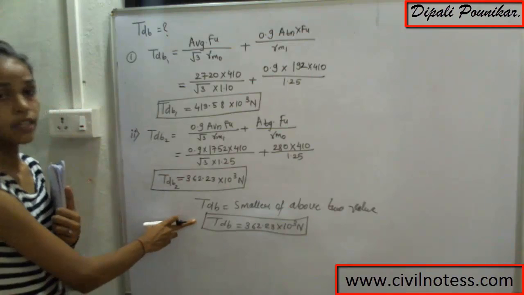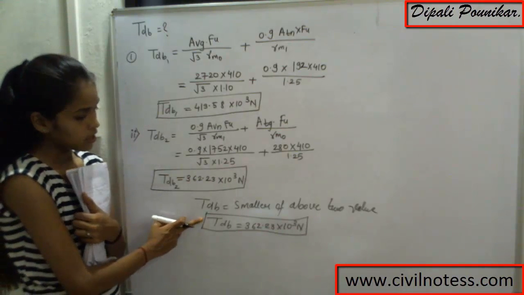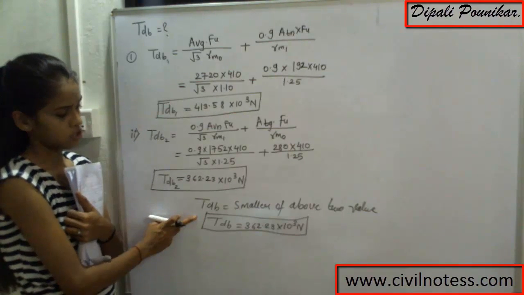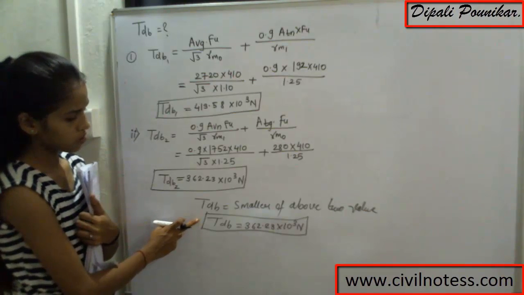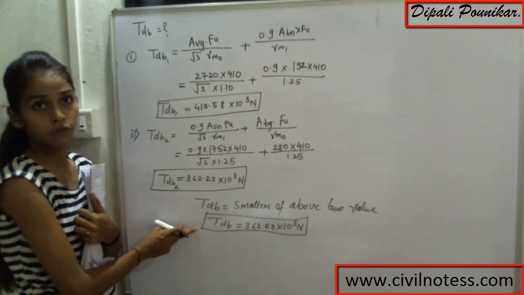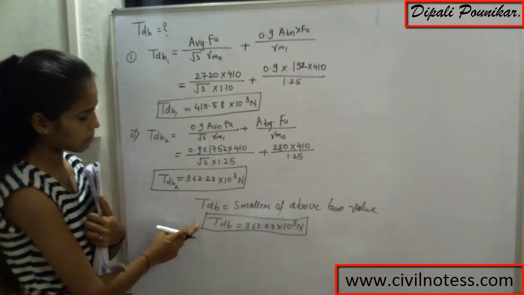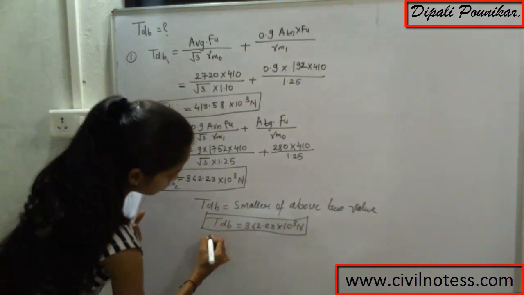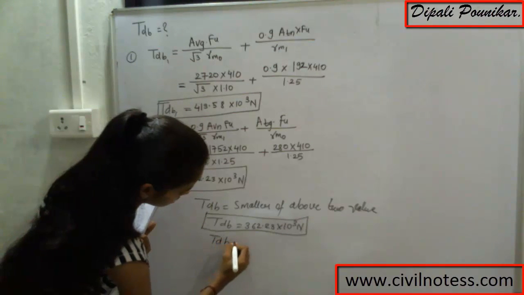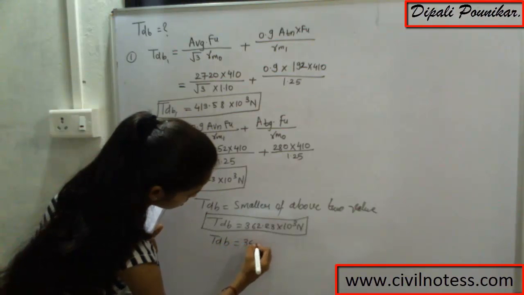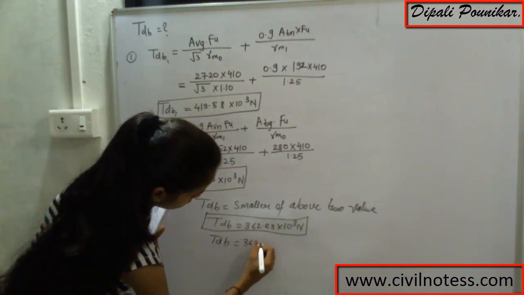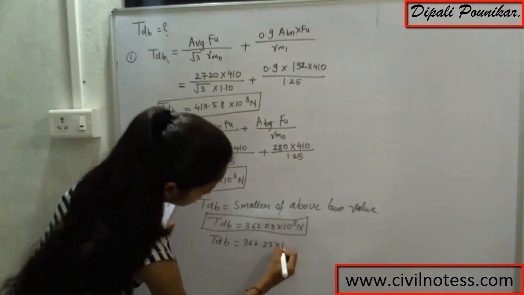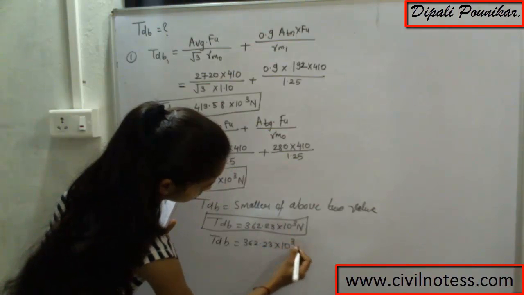This value of TDB is for the single angle section, so we have to convert it for the double angle section. So TDB equals 362.23 into 10 to the power 3 into 2.